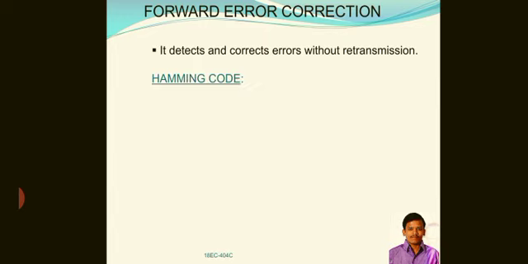The best example for this method is the Hamming code. By using this Hamming code, we do error detection as well as error correction.